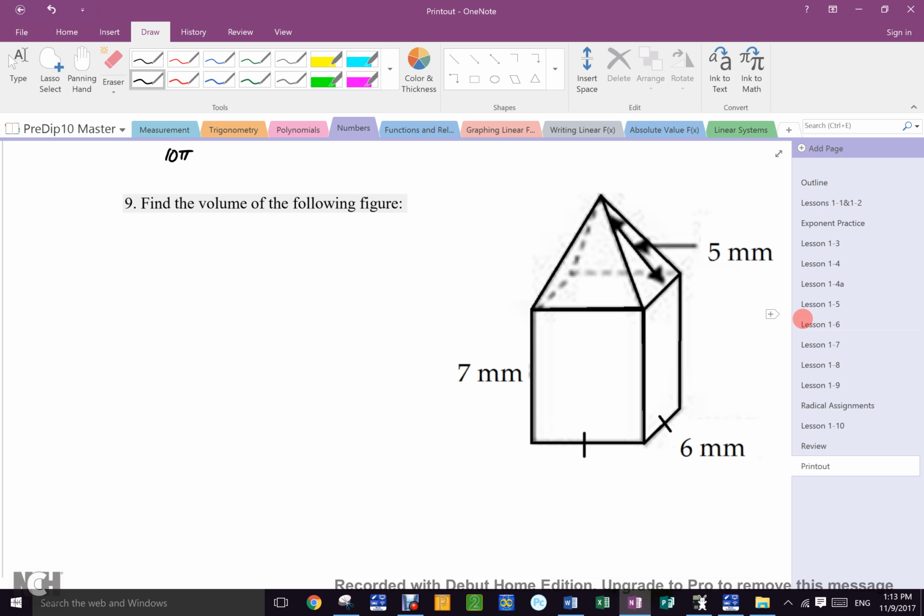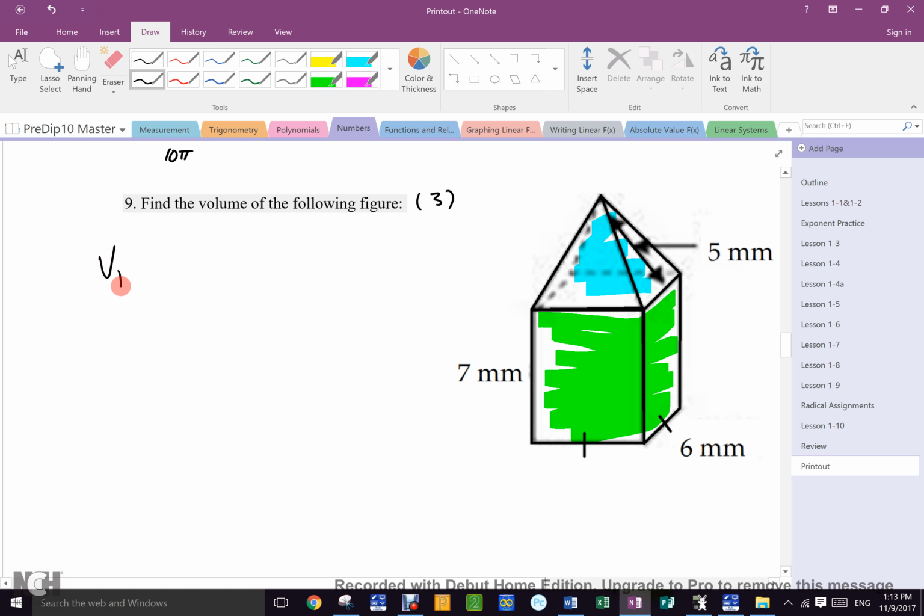Yes, that's why there's a little 2 by it. This should have been out of 3. I don't know why the 3 didn't print. What's the final slant height?